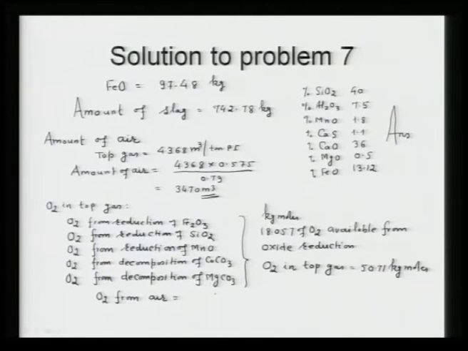So, oxygen from air, that will be 50.71 minus 18.057, that will be 32.653 kg moles. You see how simple it is. Once you understand the basics of iron making, then the things are simple. So, the oxygen from air, now we have to calculate the volume of blast.